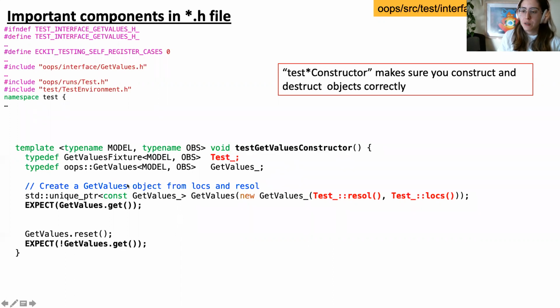Here you simply create the getValue object using geometry or resolution and locs or locations. To make sure that the object you created is created correctly, you can use the command expect. If you have expect getValue, it just checks to make sure that your object is there. And then you destruct your object and check to make sure it's destructed correctly, again using the expect command.